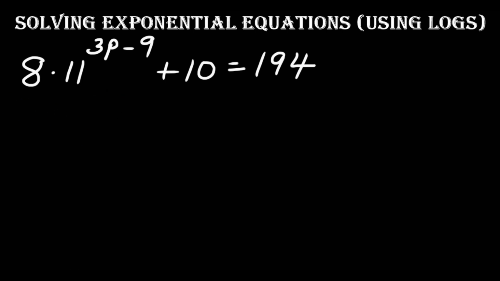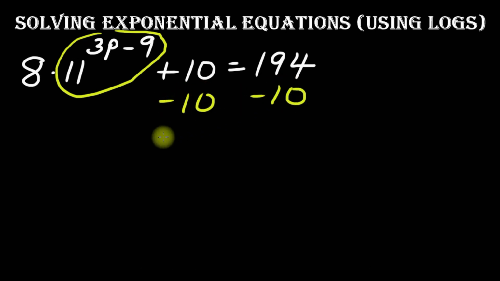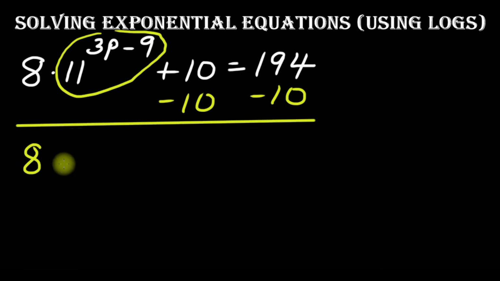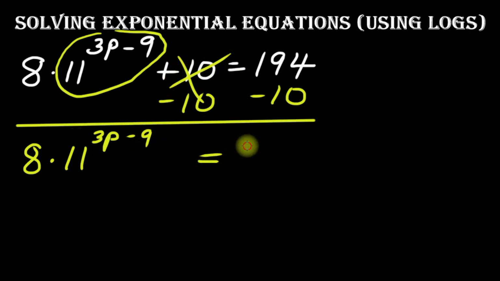First thing I need to do is isolate the exponential expression. So get rid of the plus 10. I minus 10, minus 10. So I have 8 times 11 to the 3p minus 9, these are gone, is 184.